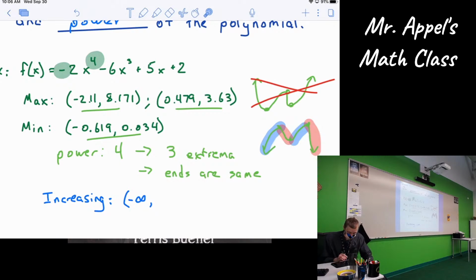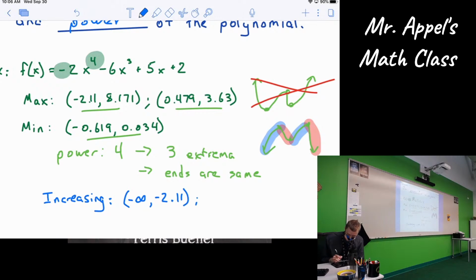So we'll go with the most negative x term on my list here. That would be this guy, negative 2.11. Parenthesis, I am not increasing at that point, because at that point the function is flat. It is not increasing nor decreasing.